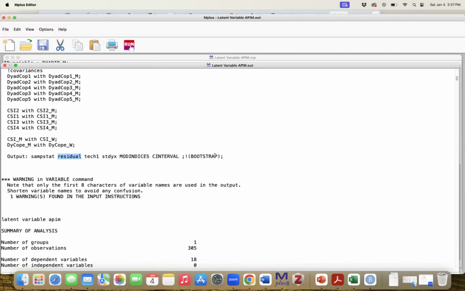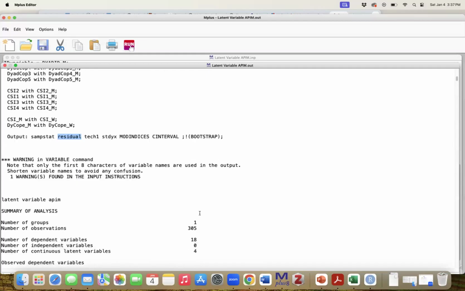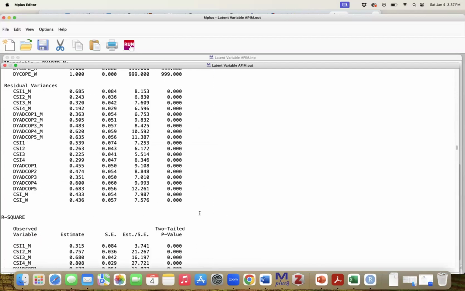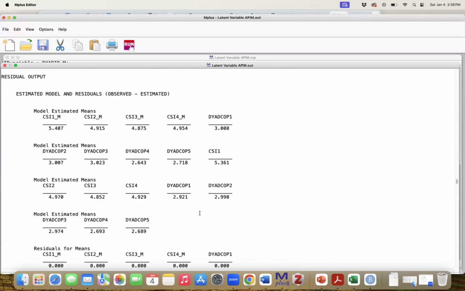This will give you a covariance difference between what is expected and what is actually found. It will give you a correlation difference. So you standardize that covariance and it's in a metric that we can understand. And it also gives you a z-score associated with that. Right? So this is what's called local misfit.